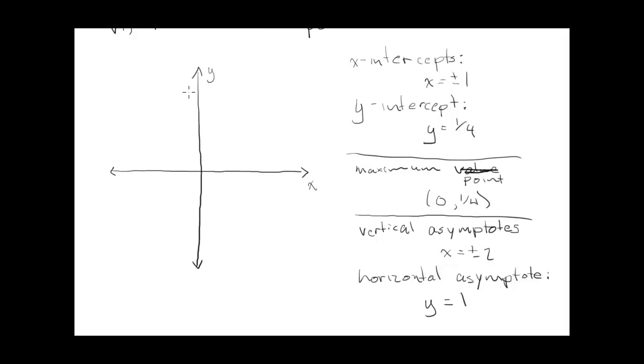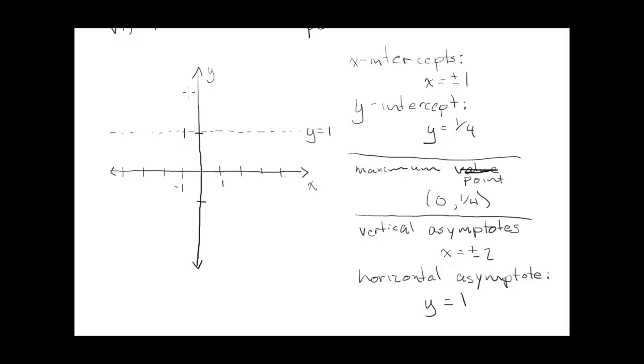So we need to come up with a scale. So my y scale, I've got the horizontal asymptote of 1, so I want that to be on my graph. And the other key y value is 1/4, so that would be 1/4 of the way there. Key x values are 1, minus 1, 2, minus 2. So come up with a scale that allows me to graph that. So this is 1, this would be minus 1.